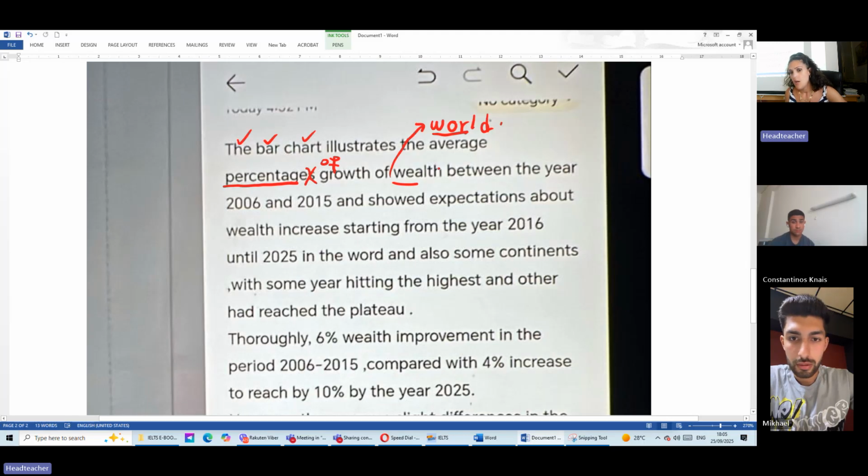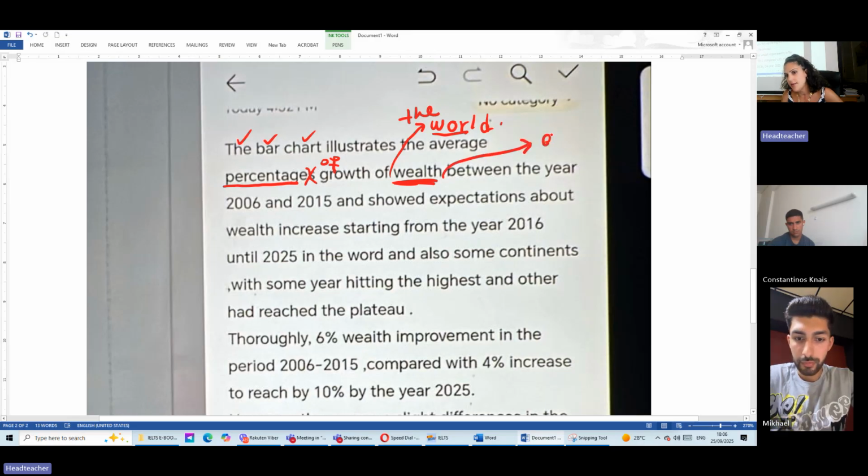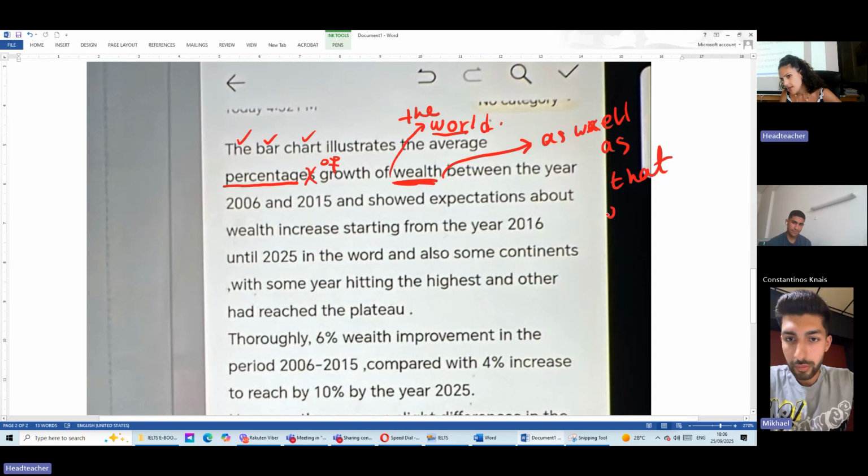Okay, Michael hasn't covered all the different continents, so we have to be more specific with that. So of the world wealth, as well as that of different continents, such as Asia.